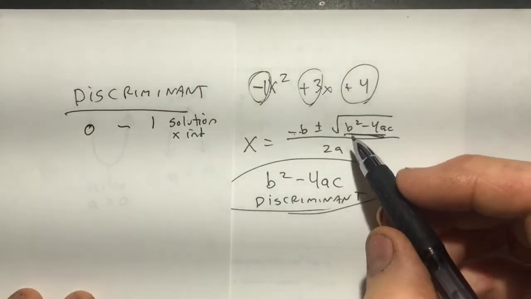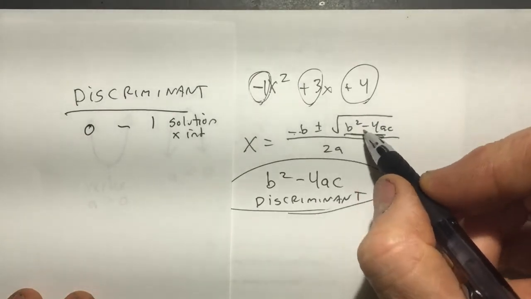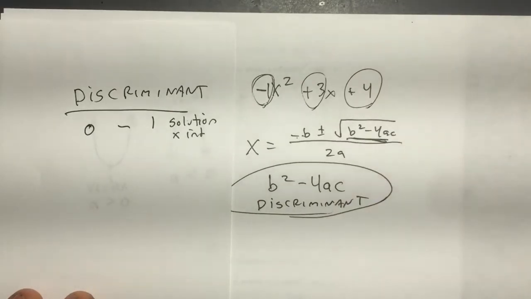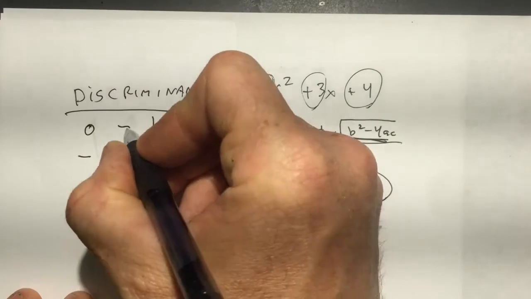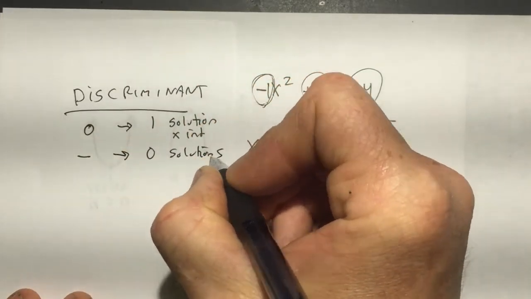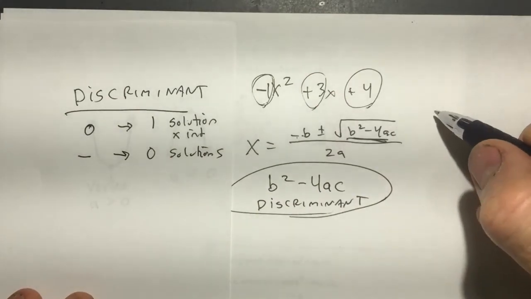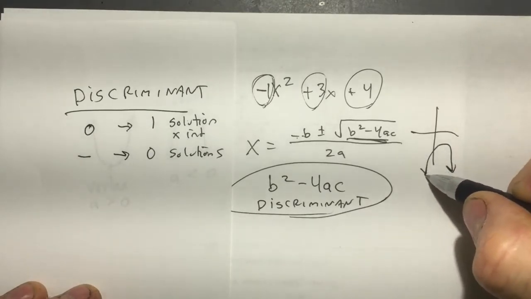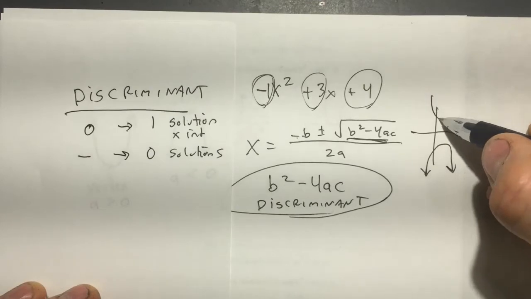Okay? Now, if this thing right here is negative, then you got the square root of a negative, which is imaginary, which means you have no solution. So if it's negative, then that means you have 0 solutions. Which means you have a parabola that's doing something like this, or it's up here like this.